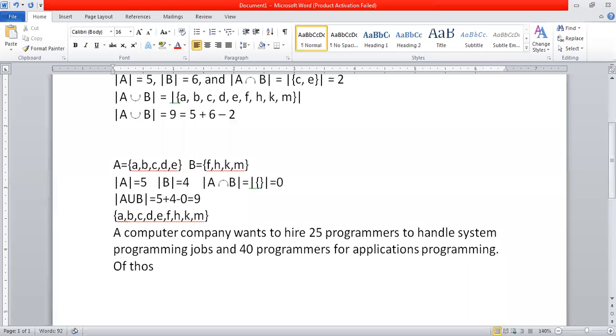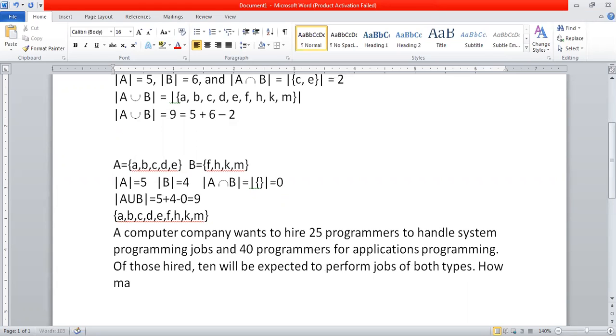Of those hired, 10 will be expected to perform jobs of both types. How many programmers must be hired? This is one question which you have to solve.